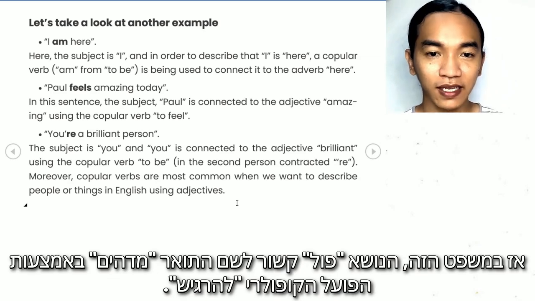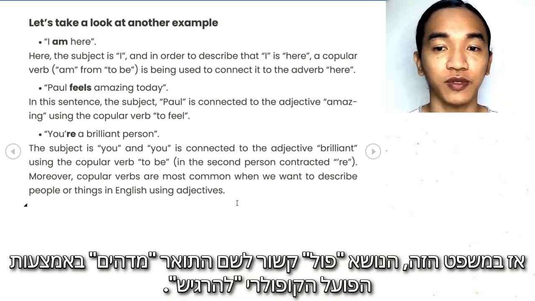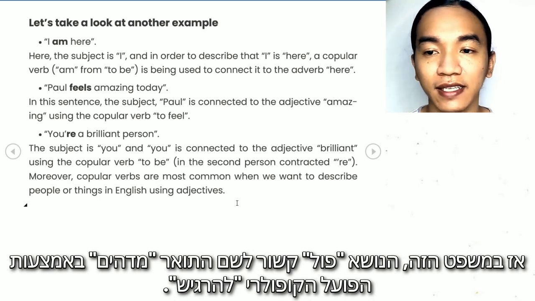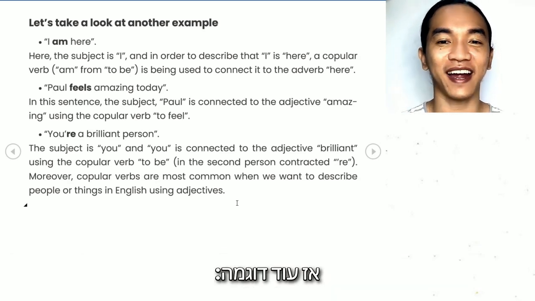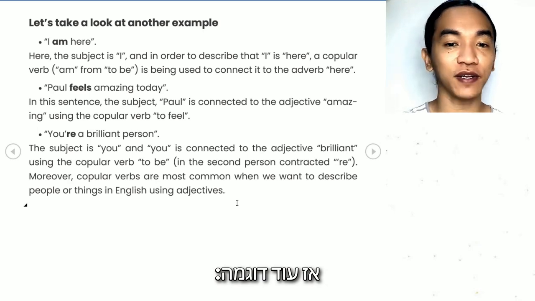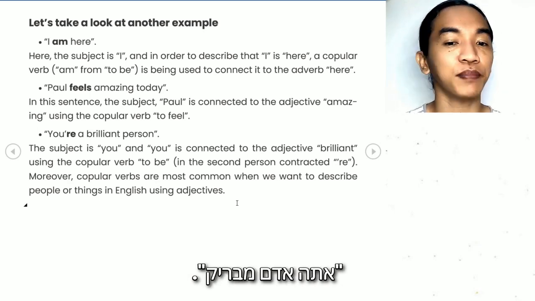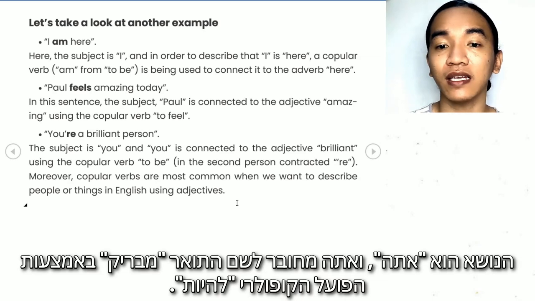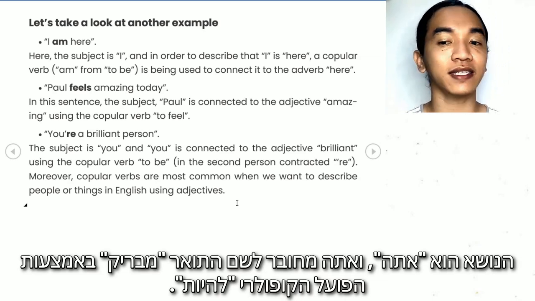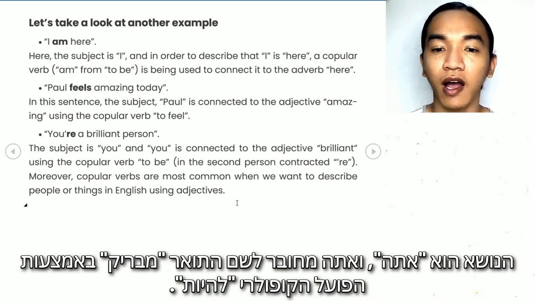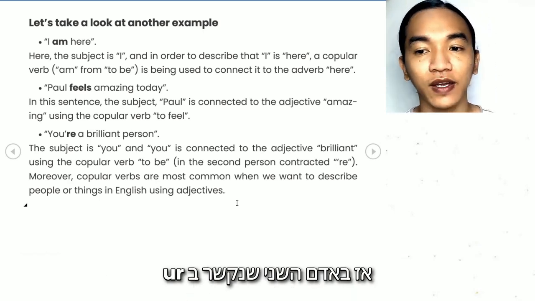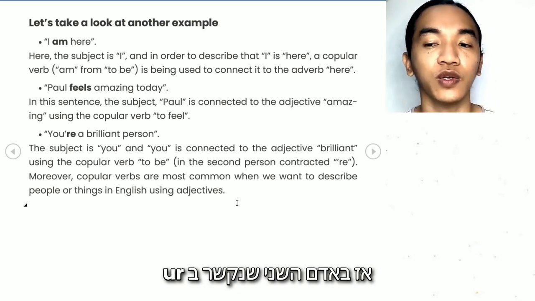In this sentence, the subject Paul is connected to the adjective amazing using the copular verb to feel. All right? Another example, you're a brilliant person. The subject is you, and you is connected to the adjective brilliant using the copular verb to be. So, in the second person, contracted you're.